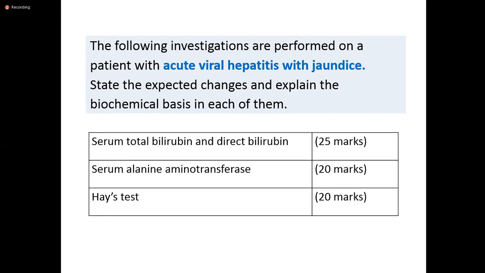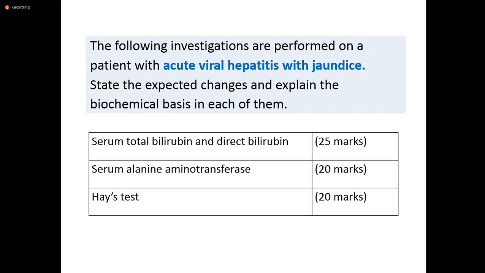In acute viral hepatitis, this step of bilirubin metabolism is also impaired or reduced. Therefore, total serum bilirubin concentration is elevated while serum direct bilirubin levels are also increased. When acute viral hepatitis is more severe, the total bilirubin is elevated to more than 30 milligrams per deciliter.